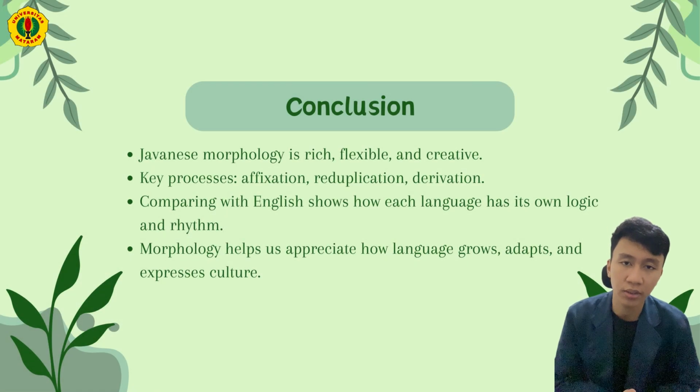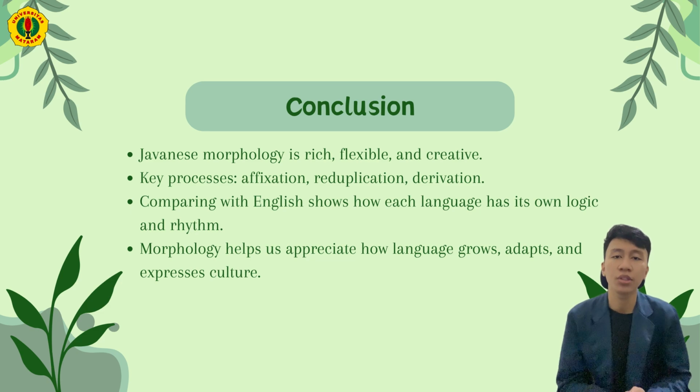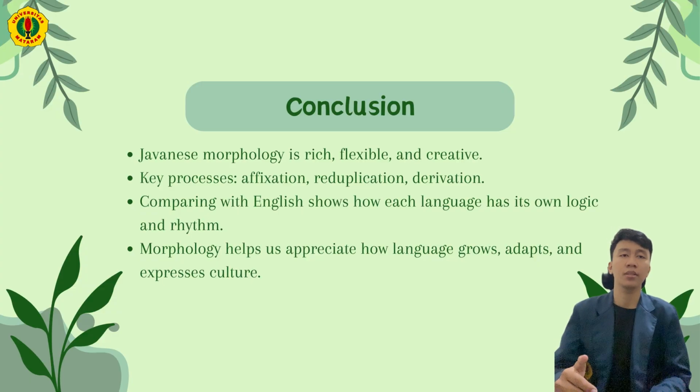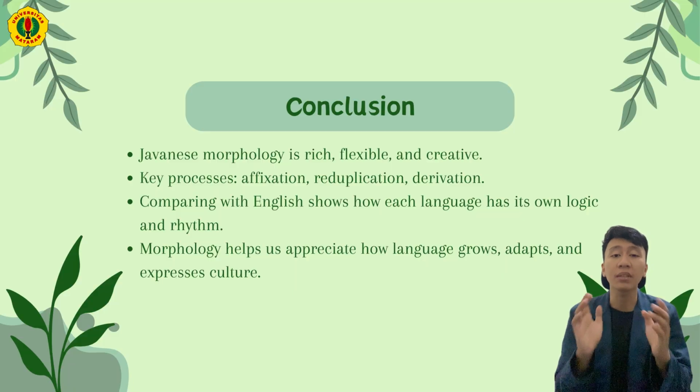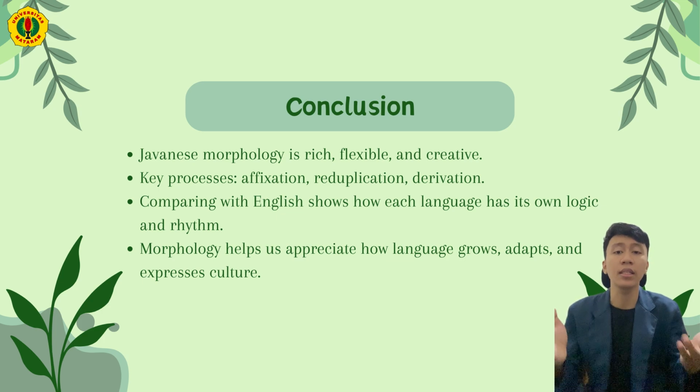So, in conclusion, Javanese morphology is a rich and creative system that reflects the identity, culture, and imagination of its speakers. Through affixes, reduplication, and derivation, new words can be formed easily, showing how dynamic and flexible the language is.